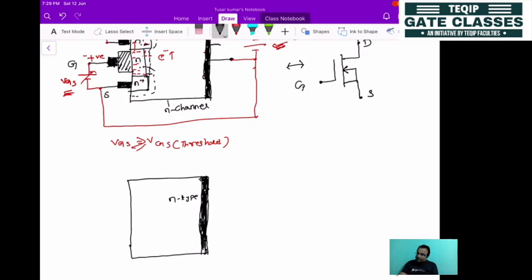Then here we'll be putting one P plus, which means the hole concentration is very high. In the previous case we had N plus, where the electron concentration was very high. So here it is P plus, where the hole concentration will be very high.